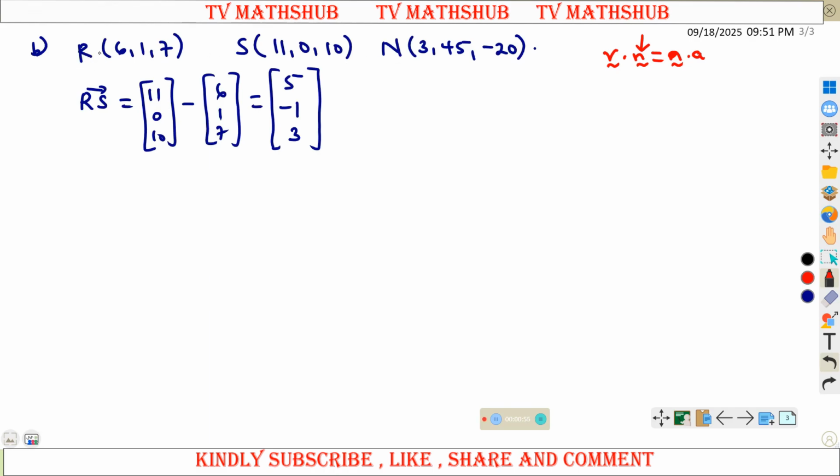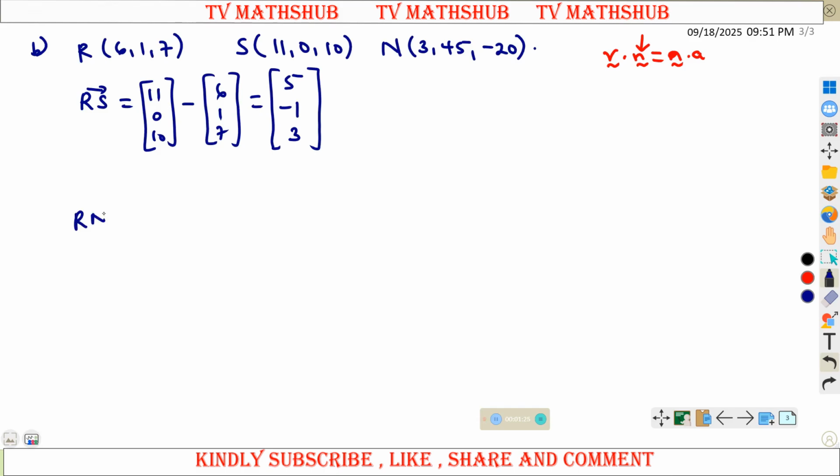So we shall be looking at R as a point on the plane that we shall be considering. So looking at R as that point, we shall be using R to get the normal, and we shall do that by getting RS, then we cross it with RN. So we have already looked at RS, which was (5, -1, 3). So next we need to get RN. So what will be RN?